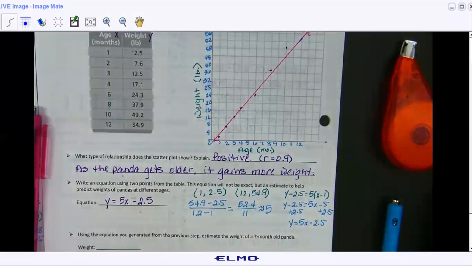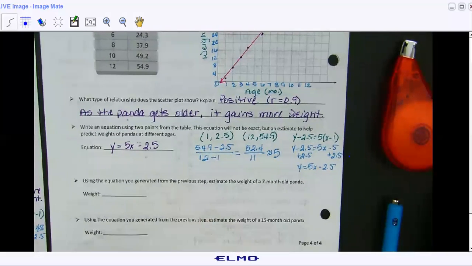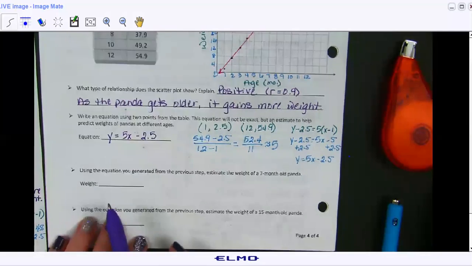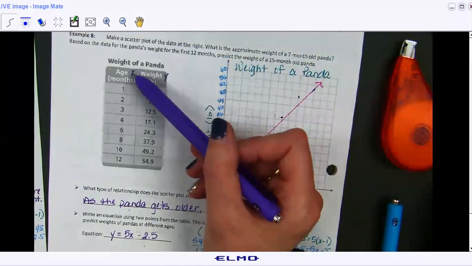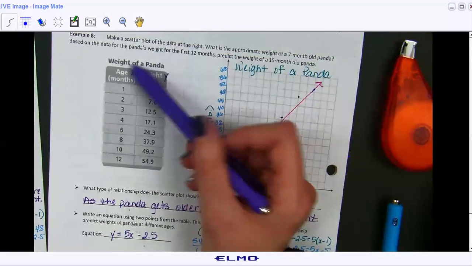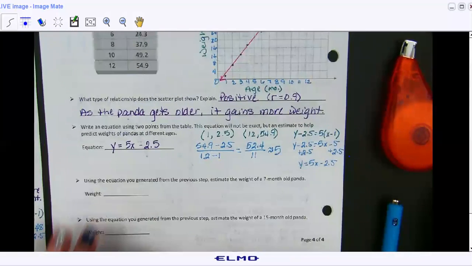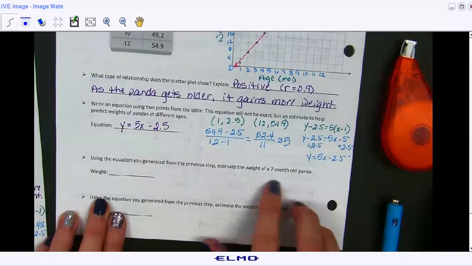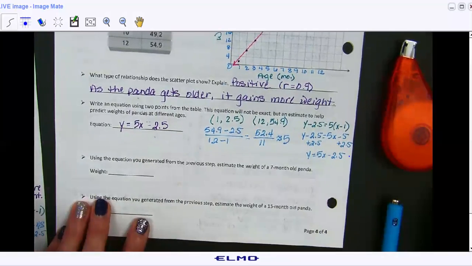Okay. So now that we have our equation, y equals 5x minus 2.5, we should be able to estimate the weight of a panda at a certain age. So x is months. Put 7 in the x. Your x represents the age. So using the equation you generated from the previous step, estimate the weight of a 7-month-old panda.